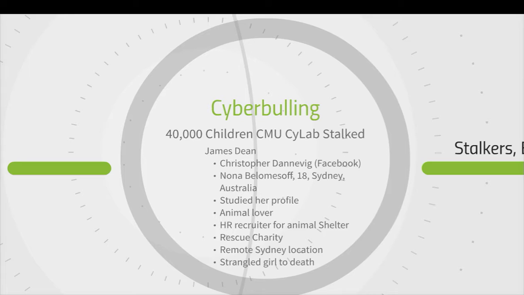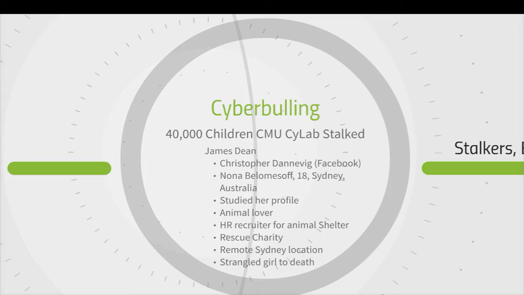He found one girl and was enticed by her and started studying her, analyzing her profile, analyzing everyone she talked to, watching her. She was in Sydney, Australia. She was 18 years old at the time. She had posted all this material about being an animal lover, and that's how he hooked her.